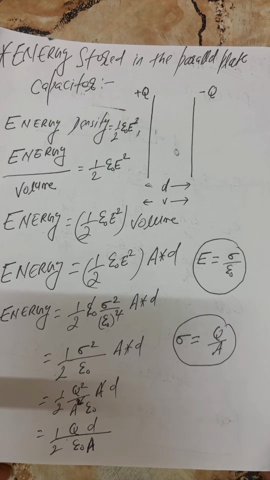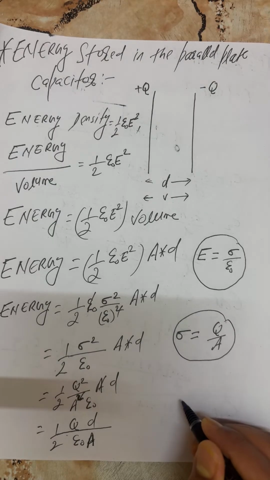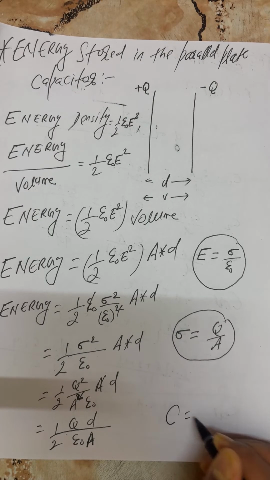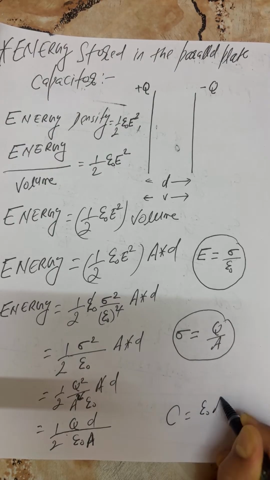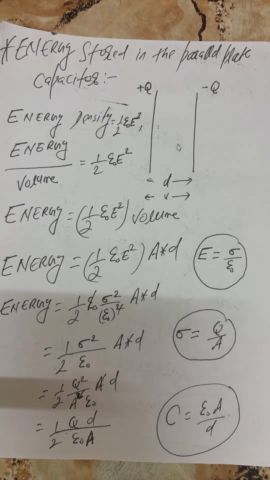But I hope all of you remember, kids, just now I proved here epsilon naught into A by D is what? C. C is what, students? Epsilon naught into A by D. Right.